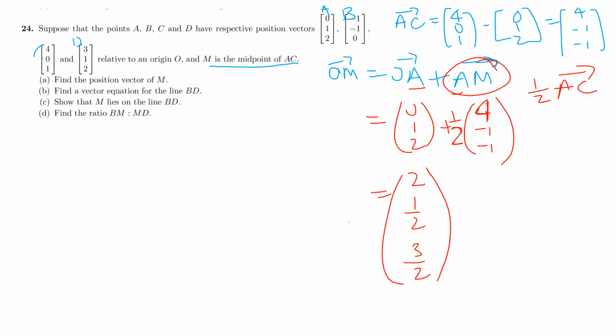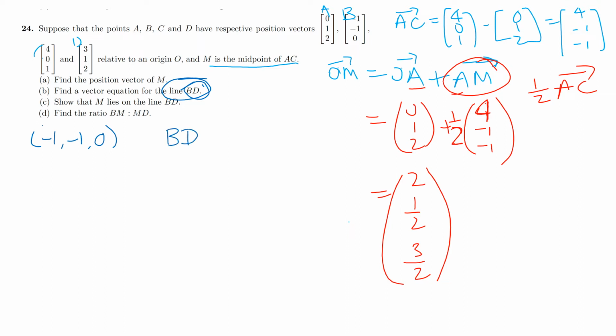All right, so hopefully you've written that down, because I need some room. Actually, I'll keep writing, I'll rub that out soon. All right, so find the vector equation for the line BD. If we want a line BD, we want the direction of BD and then a point on BD. You can use either point B or point D. So let's use the point B and get the direction from BD.